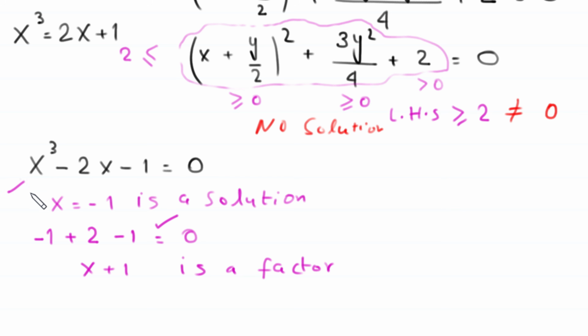So we rewrite this equation as x cubed, we add x squared and we subtract x squared, write this negative 2x as negative x minus this 1 equal to 0.